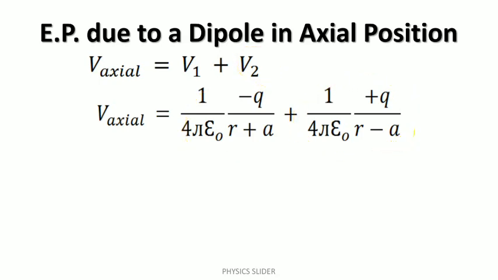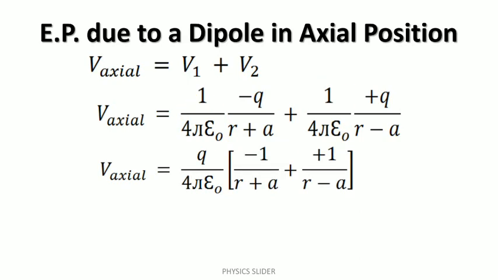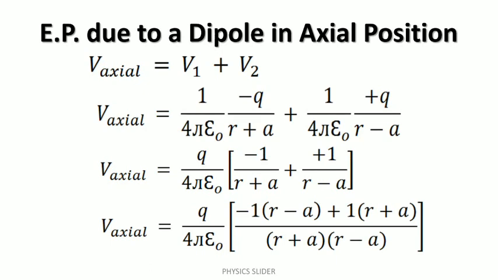Let us take this 1 upon 4 pi epsilon naught as common. Then we will get this, and we have taken this q also as common. Then this becomes minus 1 as it is here, this becomes plus 1 as it is here, this r plus a comes here, and this r minus a comes here. Now we will solve this, and we will get this expression.